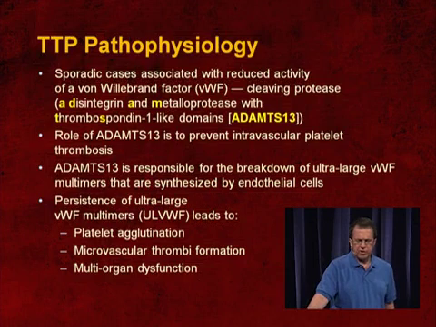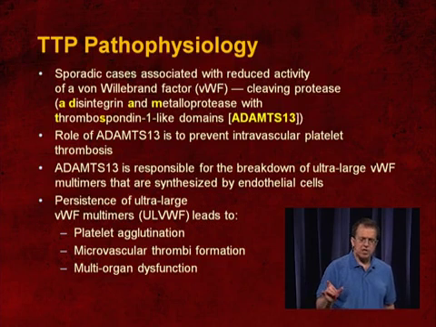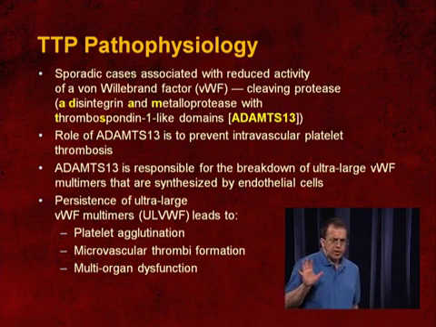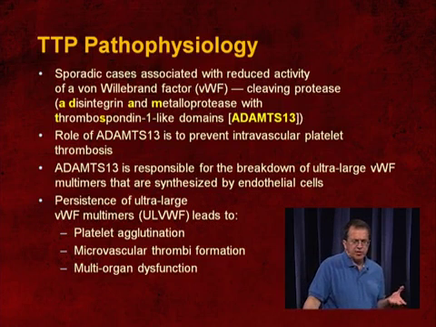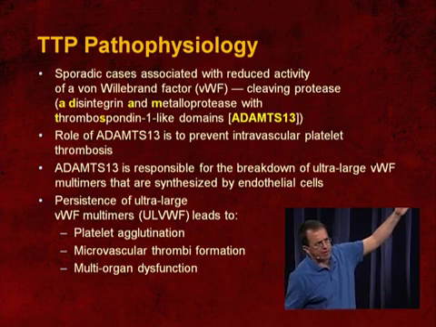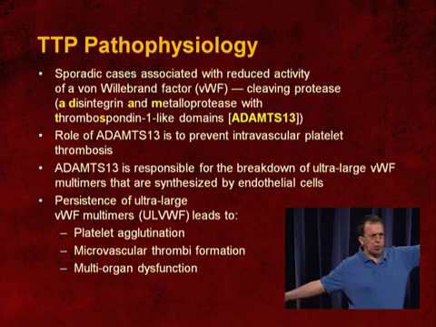It's associated with reduced activity of the von Willebrand factor. So what you have is this protein called ADAM-TS13, okay? You have von Willebrand factor, and it can show up as these large multimers.